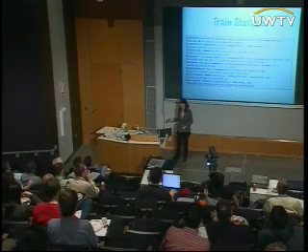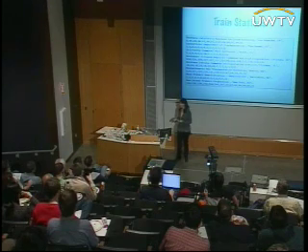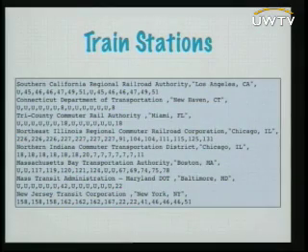This is another example. This is train station data, giving you information about commuter rail stations across the United States. It has the name of the railroad authority, the location, and then a list of counts of the number of railroad stations in the particular system. The U's are unknown. They didn't know how many railroad stations they had in the particular year. It's a little bit odd, but seems to be the case.